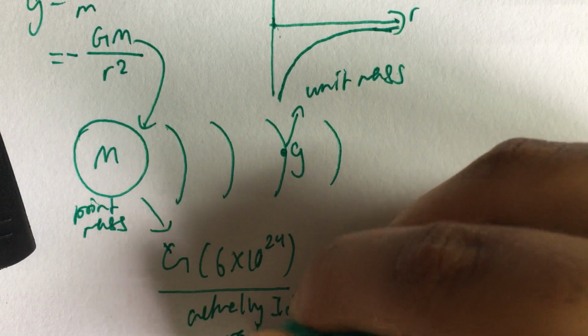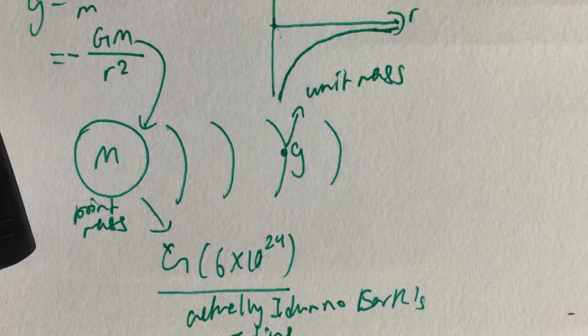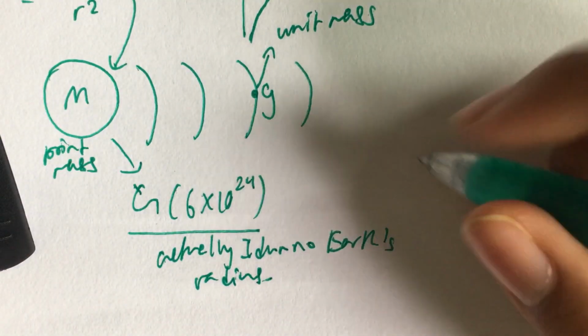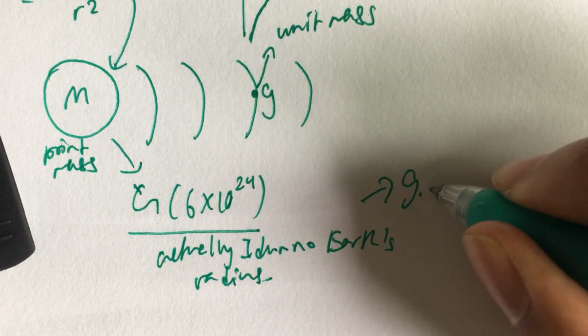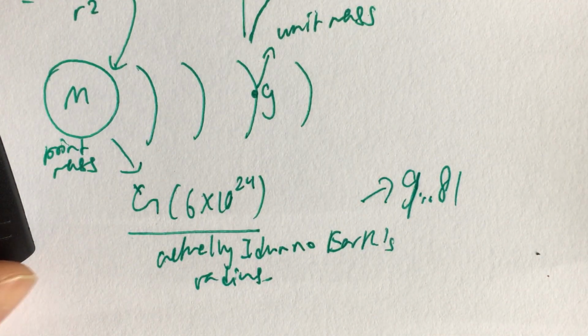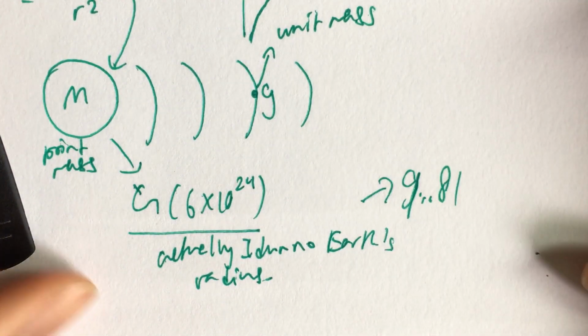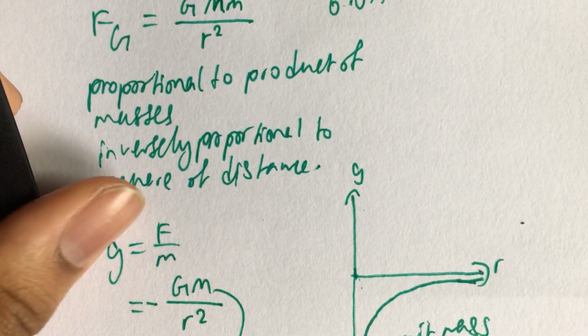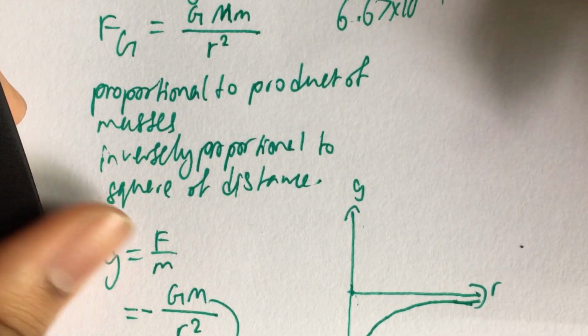And now that you know the equation of gravitational field strength, you can find the gravitational field strength of anything that you want for a point mass. Point mass means you imagine it as a sphere, so it has a point in the center, and you'll understand why they use this later on.